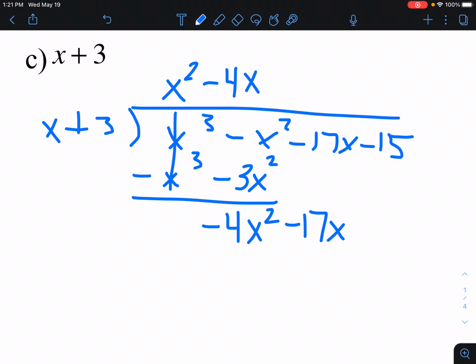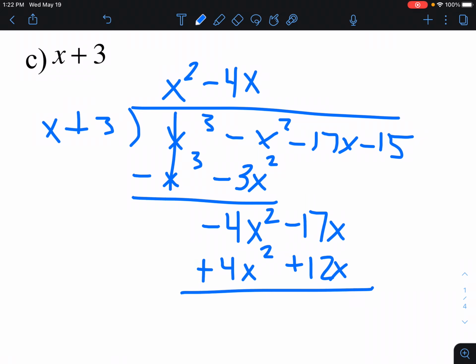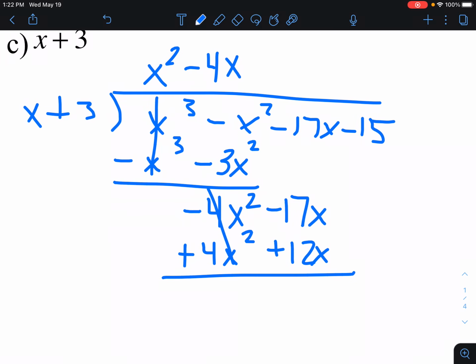Negative 4 times x is negative 4x squared. Negative 4 times 3 is negative 12x. And then subtract, which will change the negatives to a plus. These cancel. And we're adding down, negative 5x.